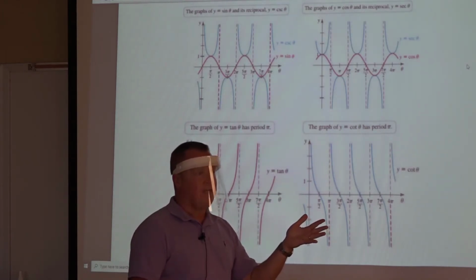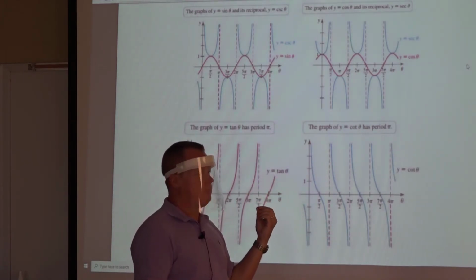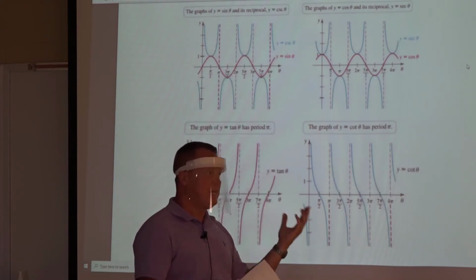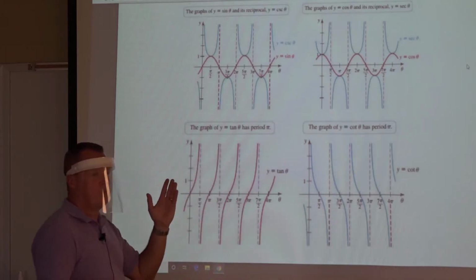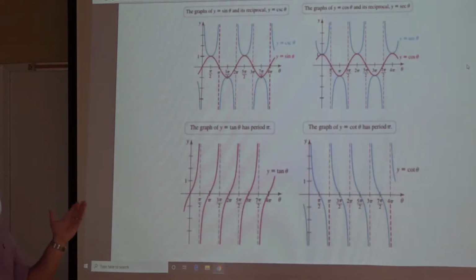If the function starts with something besides C, tangent or secant, the asymptotes are at pi over 2, 3 pi over 2, 5 pi over 2, that kind of thing.